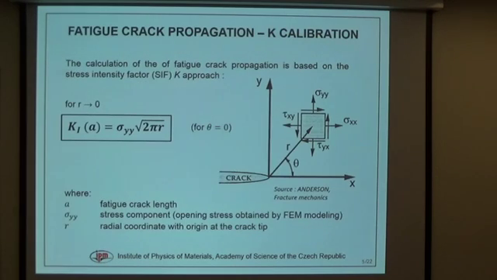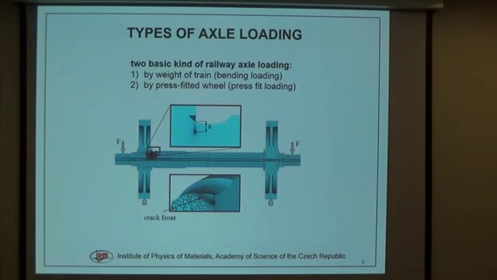Based on numerical calculation by the finite element method and based on this equation, we can determine the stress intensity factors, and stress intensity factors are determined for two basic kinds of loading. The first kind of loading is by the weight of the train, which causes dominant bending loading. And the second one, as I mentioned, is loading due to the press-fitted wheel.